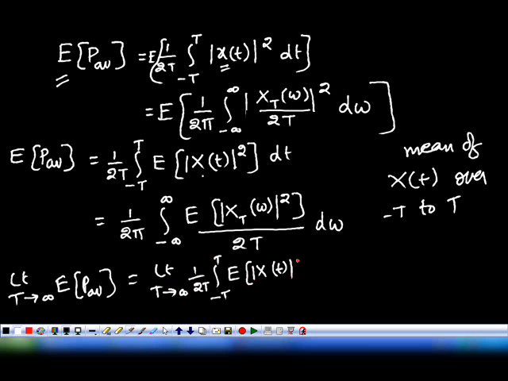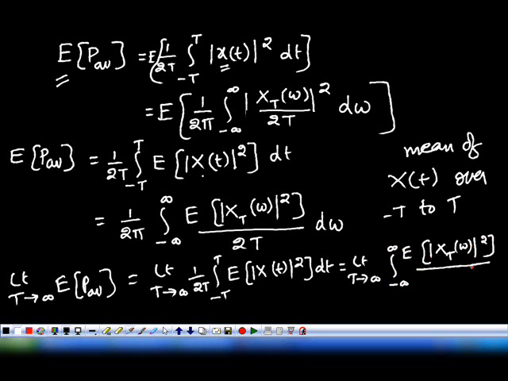mod x of t whole square dt, which is equivalent to limit t tends to infinity, integral from minus infinity to plus infinity, expectation of mod x_t of omega whole square, divided by 2t d omega. Is that right?